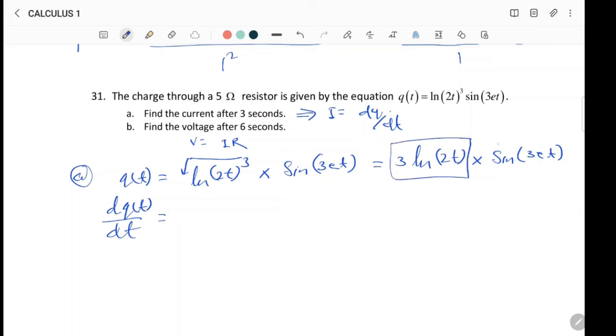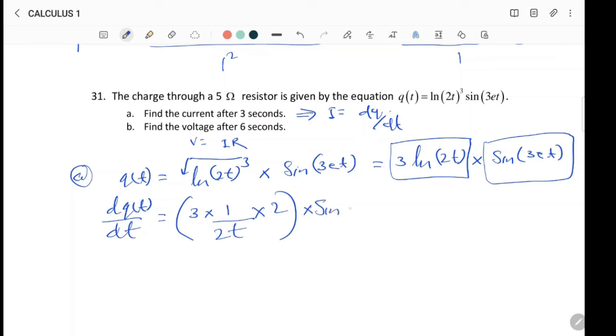So this is my one function and this is another function. So 3 times the differentiation of ln, 1 over 2t, 2t differentiation is 2, this times sine 3et, plus 3 ln 2t, then times sine differentiation is cos 3et, and 3et differentiation 3e.